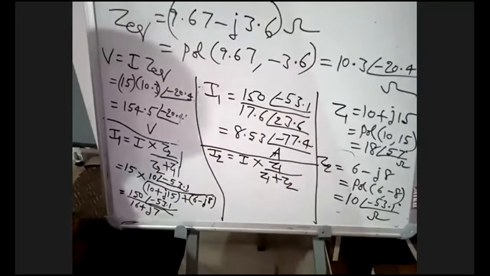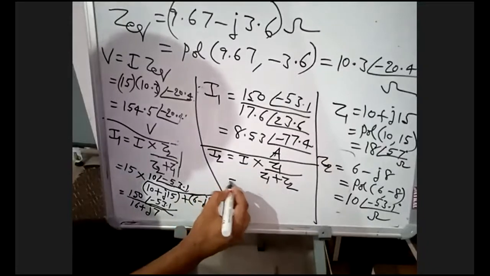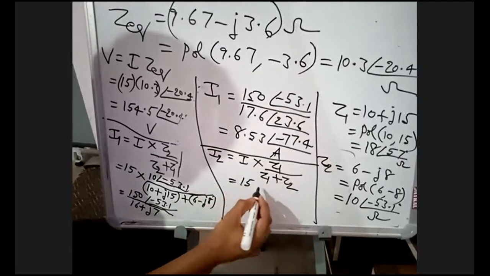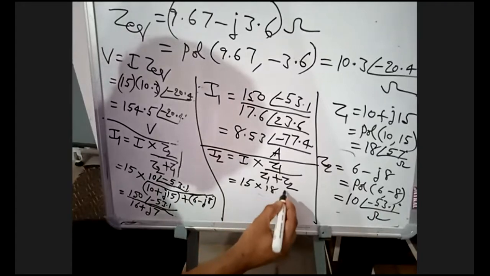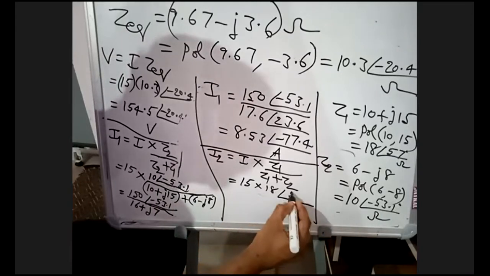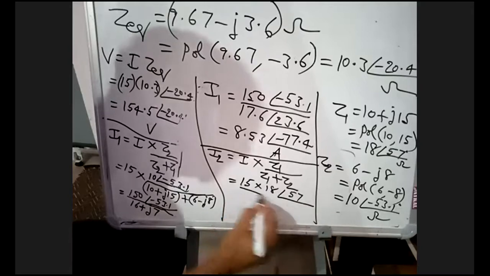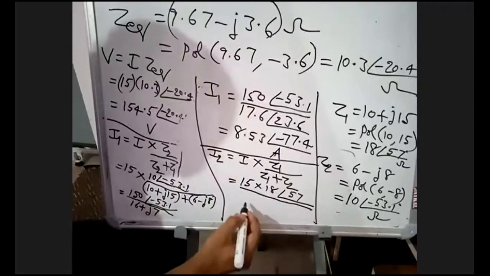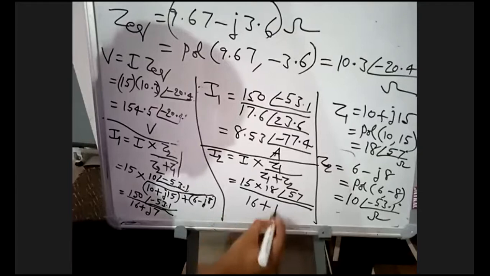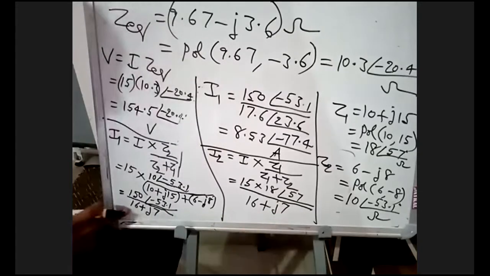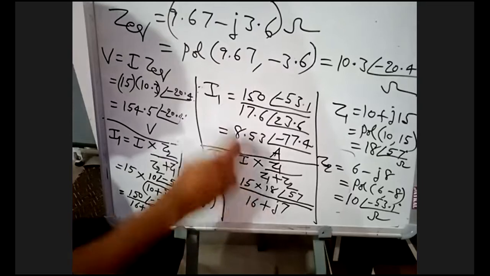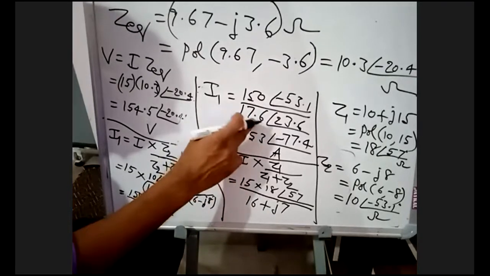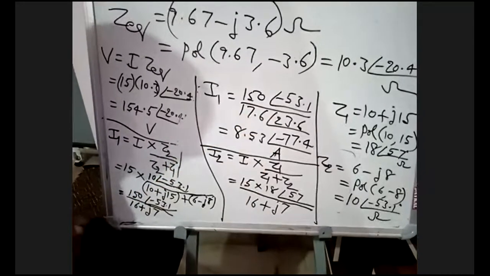Now calculate. I is 15, Z1 is 18 at an angle 57, divided by Z1 plus Z2, which is 16 plus j7. Already seen here, if you convert this, it is 17.6 at an angle 23.6.